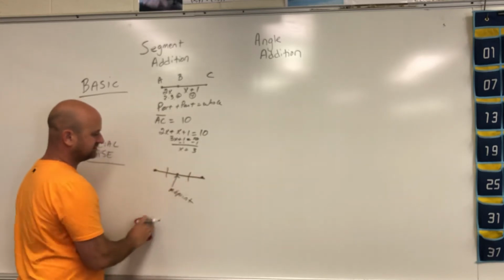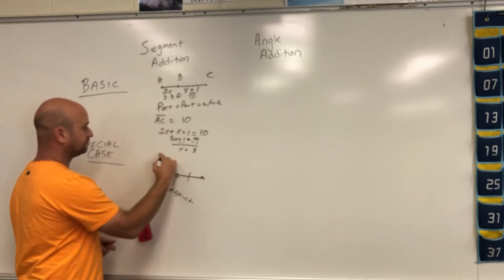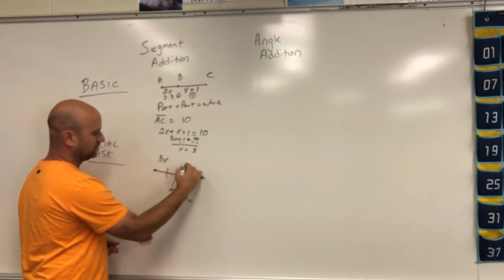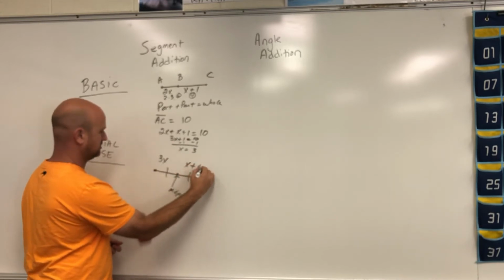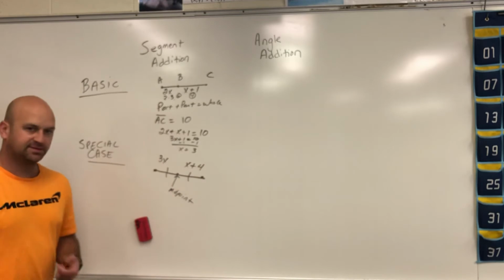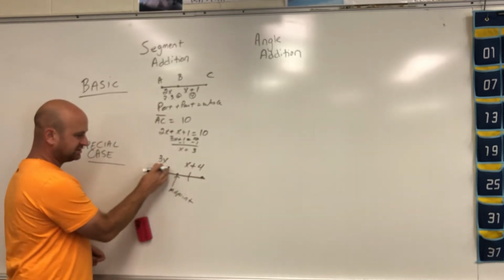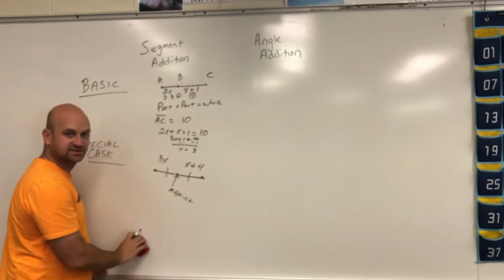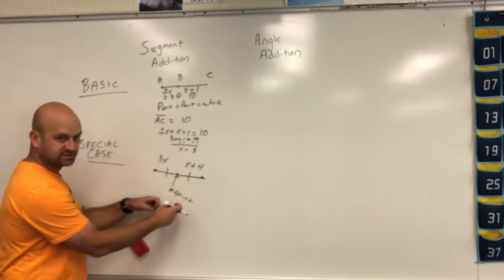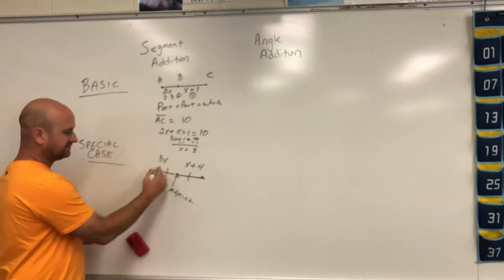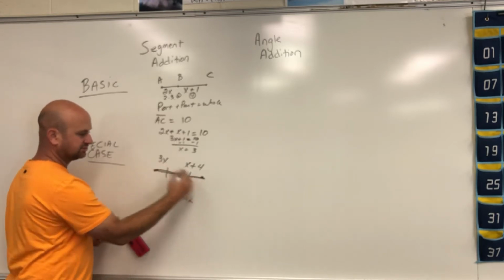Then when it comes to the expression part, say we had this: this section's 3x, this section's x plus 4. So the property of midpoint, here's our vocab term, and we have a property that goes with it, says that this part will equal this part.